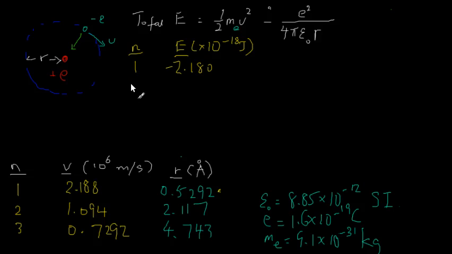Okay, and just repeating this for n is equal to 2, where we have another set of values for v and r, but the same for the physical constants. You can substitute into this equation again, and then use our calculator to calculate the value of the total energy for the next orbit, the n equals 2 orbit.